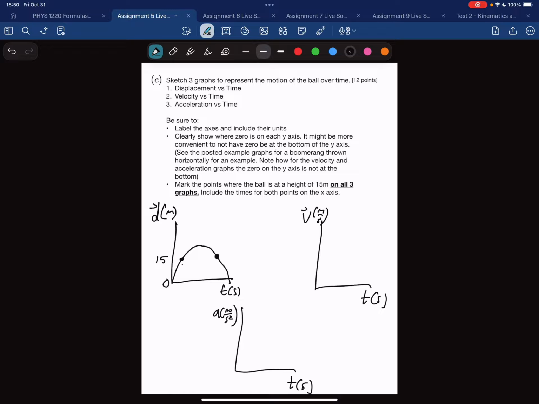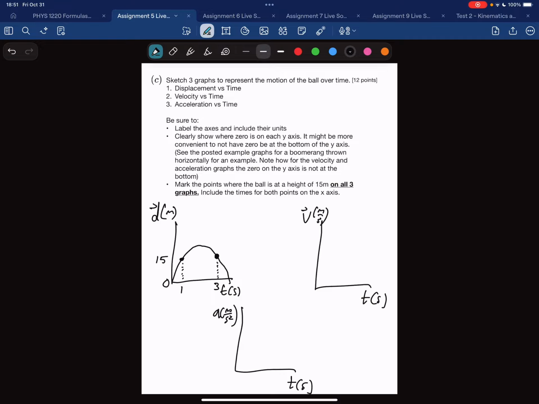We know the time of these 2 points is about 1 second and about 3 seconds. And that's all I wanted from one graph. Now let's do the same for the others.